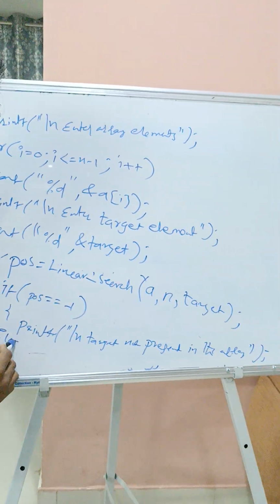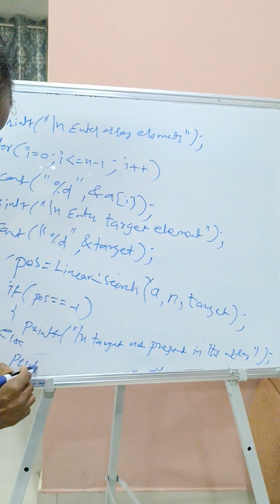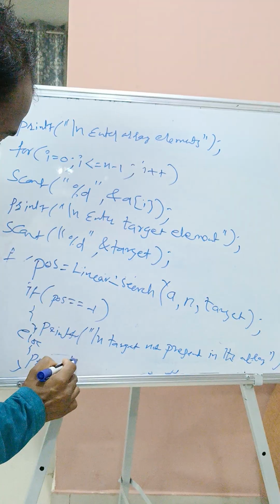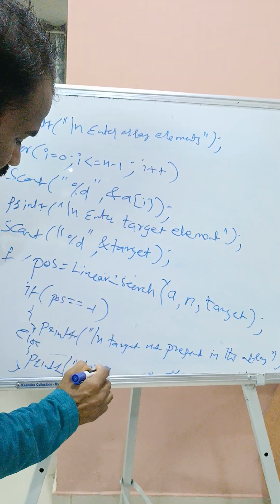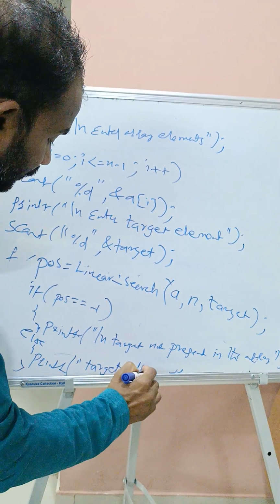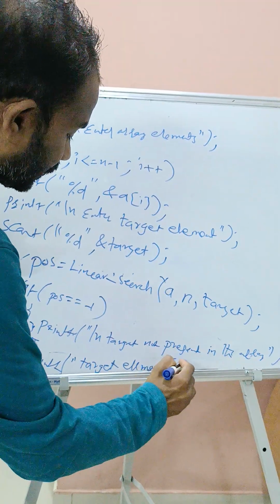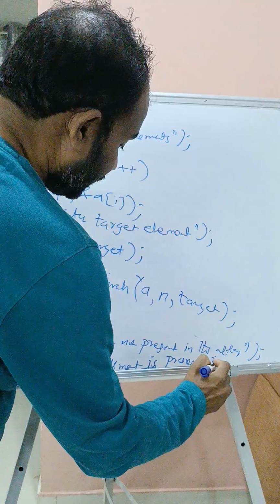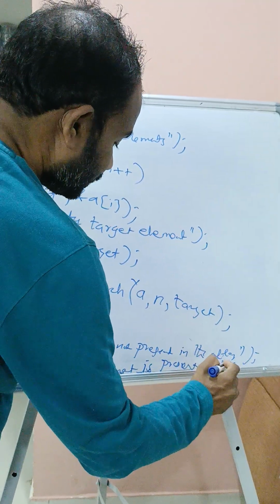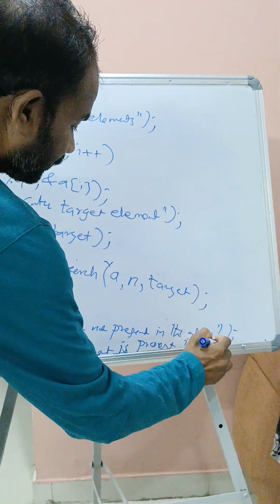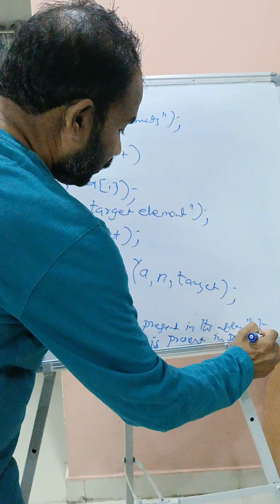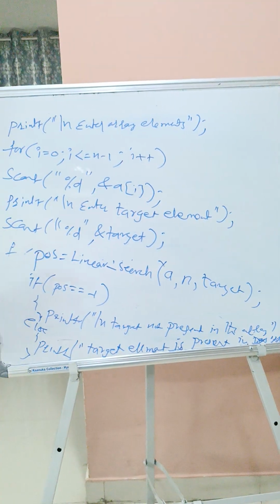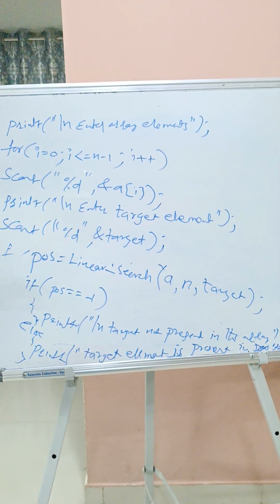Else, the printf statement is: target element is present in position, or present in %d, comma position. Right?